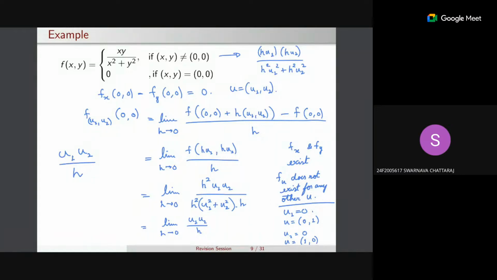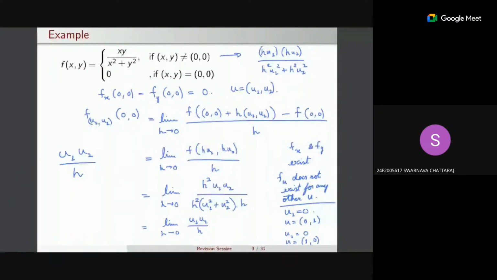Now u1 and u2 are constants that you took in the first place. If the vector you took was (1, 0), for example, what is this quantity equal to? This is just 0. This is not 0 by 0; this is 0 by h, which is 0. Right. So when you take the limit as h goes to 0, that will become 0. This is a constant function.